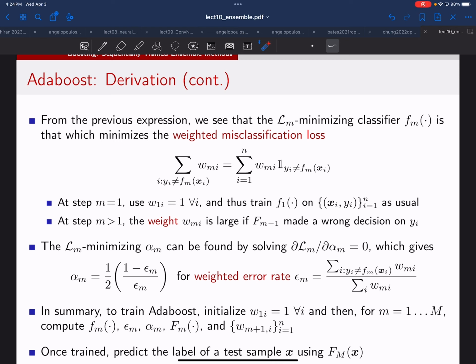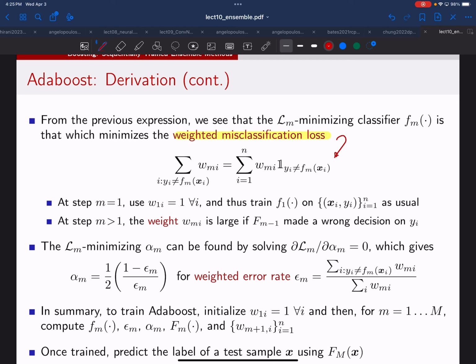So now you can see whenever there's an error, this turns on, and this is just looking at your weighted, I don't know, it's not exactly an error rate, it's like a weighted total amount of error. So for every sample that's in error, you multiply it by this weight. So if we had a 1 over n, you could call it a weighted error rate, but it's not really a rate because it's missing the 1 over n, but hopefully you can see what this is. So we'll call this a weighted misclassification loss.